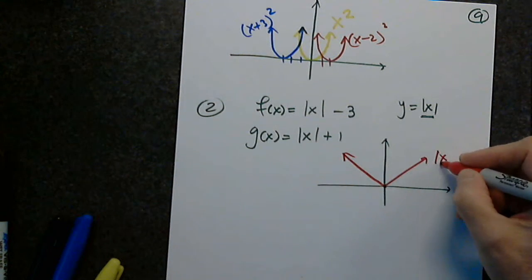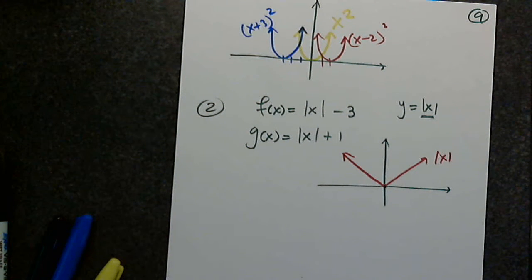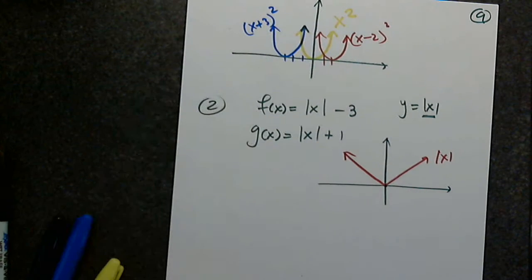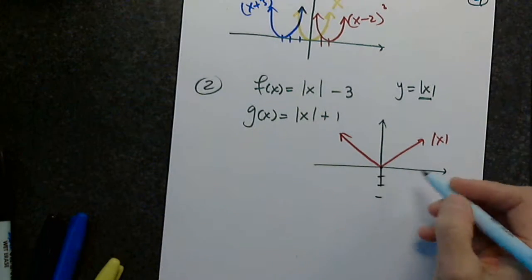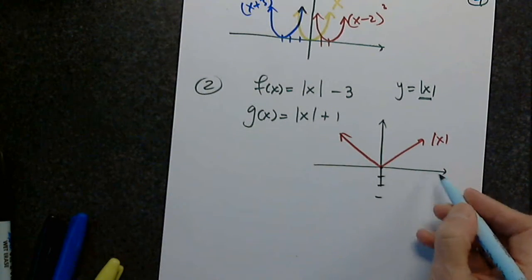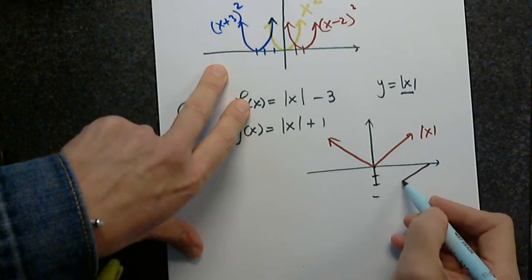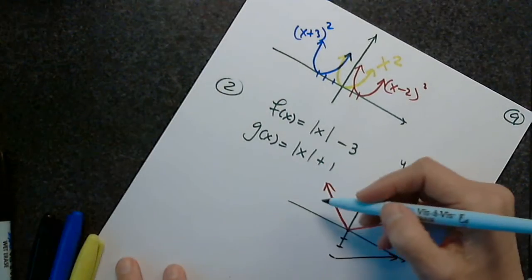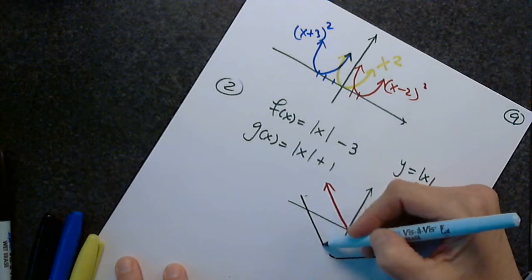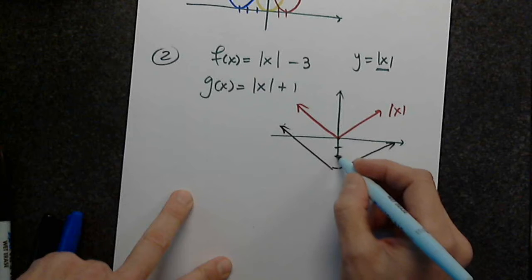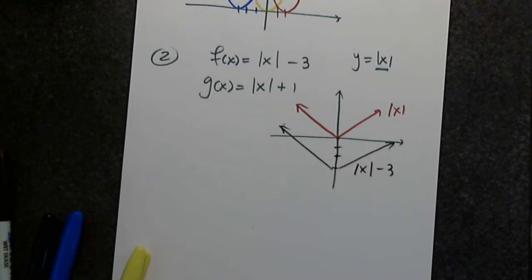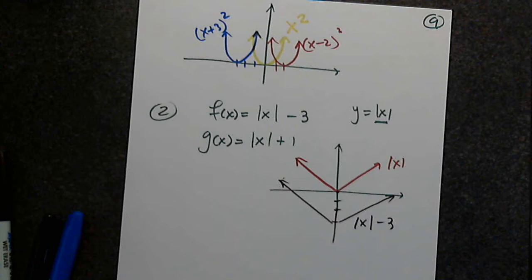So that's my absolute value of x because we know the basic functions. So where will I graph f? Yes. Negative 3, down 3, completely parallel. Completely parallel. My graph is not perfect. Forgive me. It's not going to be perfect. So this is the absolute value of x minus 3. Where will I graph the absolute value of x plus 1?